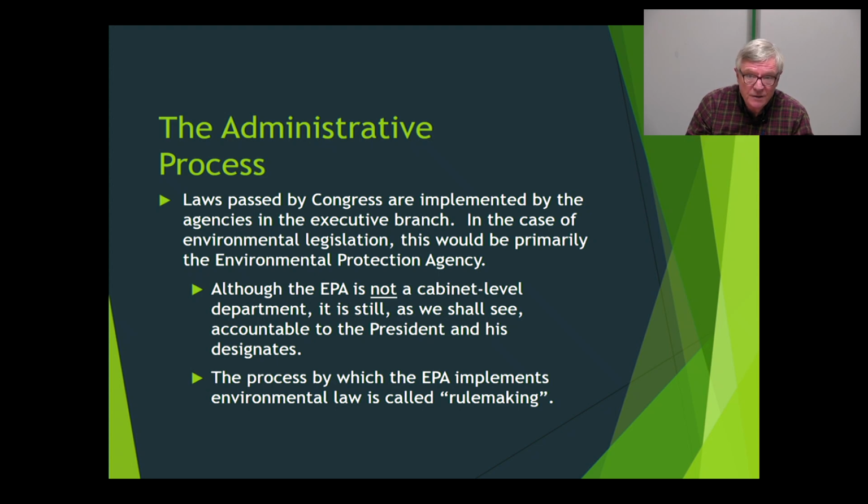For that reason, Congress has never been, and presidents have never been, able to elevate the EPA to the level of the cabinet. Now, that doesn't mean it isn't an enormously powerful agency. It is, and the president has as much control over it as he does over any of the other agencies.